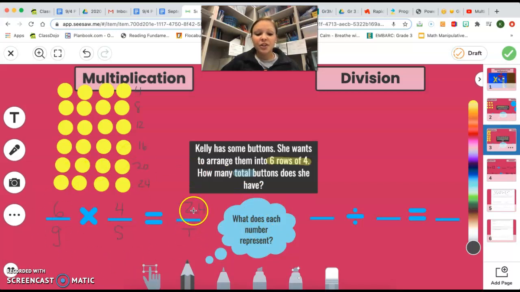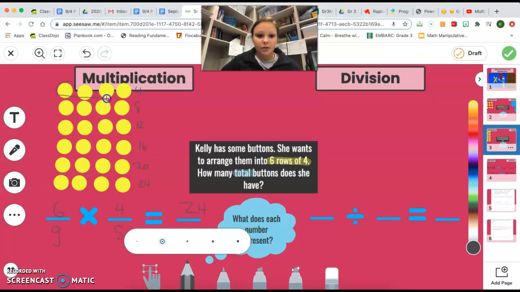So let's change this into a division equation. Now that we know the total, we can arrange these into 6 groups. So let's put them in 6 groups.